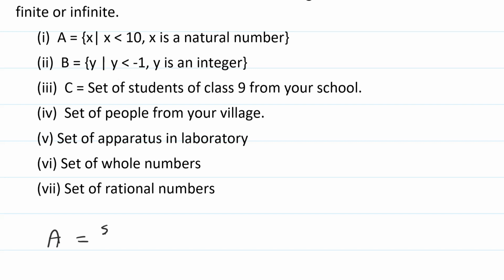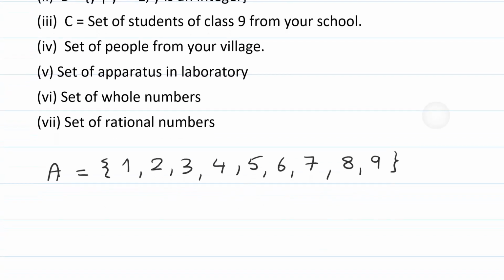And therefore, since x is a natural number, the smallest natural number is 1 and x is less than 10, so A is 1, 2, 3, 4, 5, 6, 7, 8 and 9. So we can count elements of set A, and therefore A is a finite set. Cardinality of A is 9, and therefore A is a finite set.